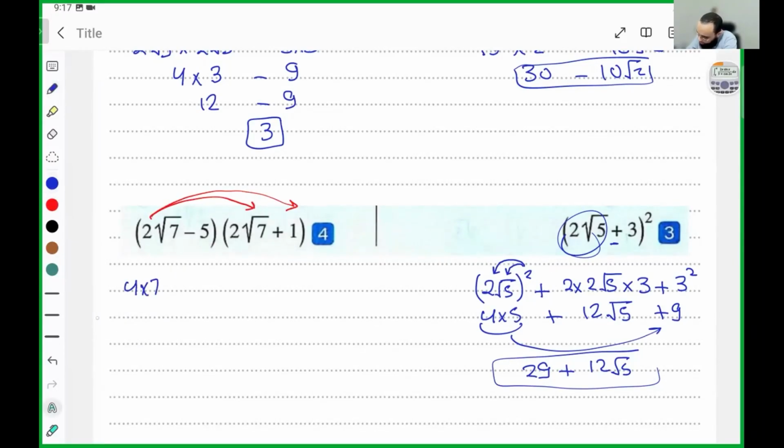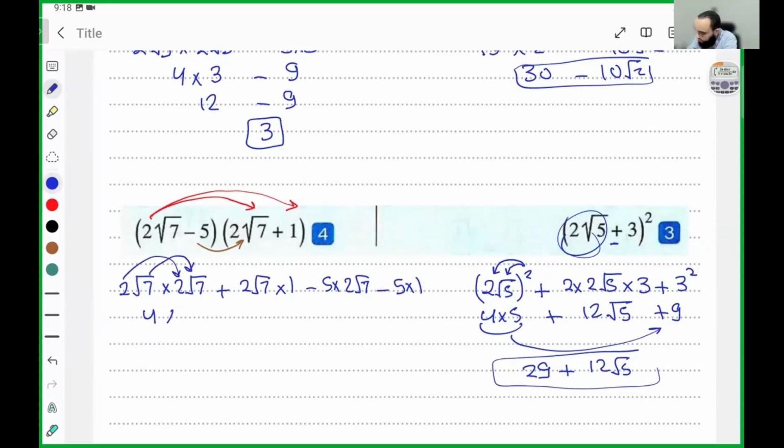2 root 7 times 2 root 7, let it like that, and then plus 2 root 7 times 1, and then minus 5 times 2 root 7, and then minus 5 times 1. 2 times 2, 4.